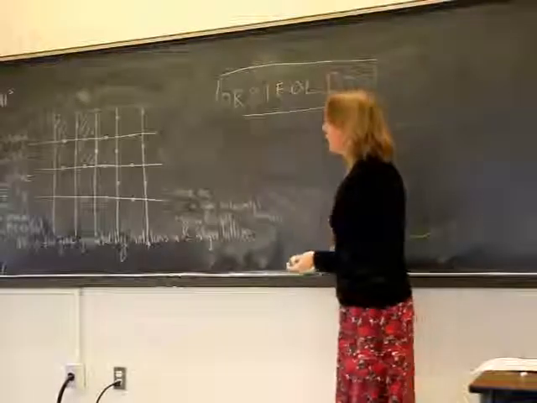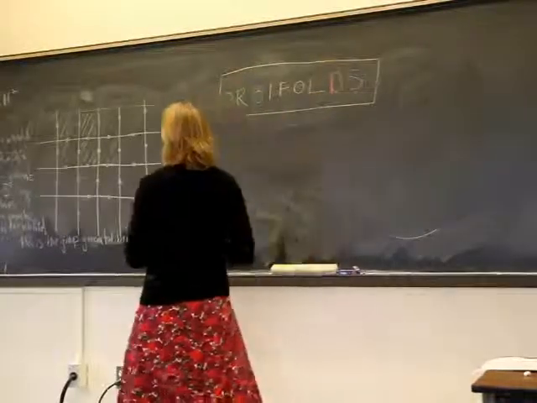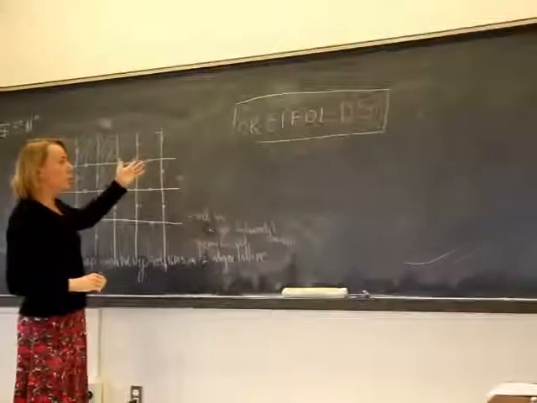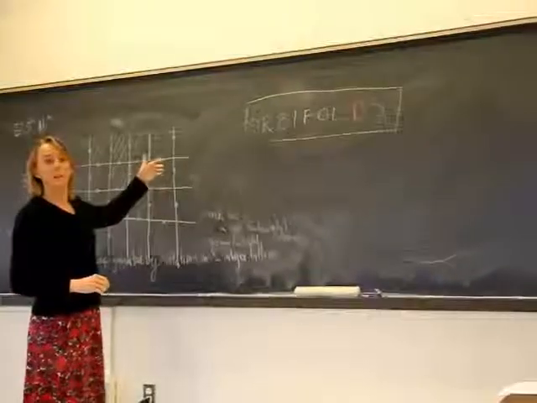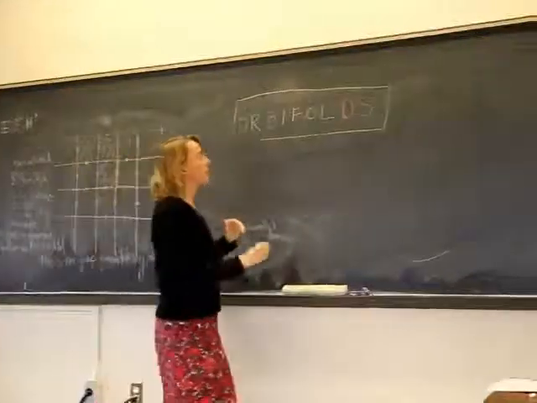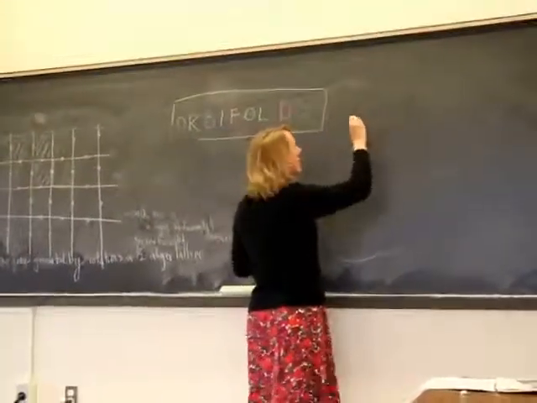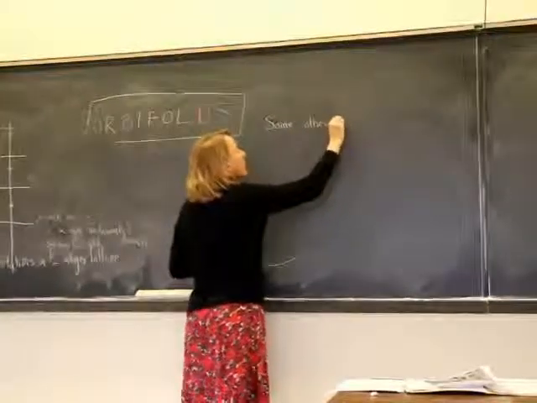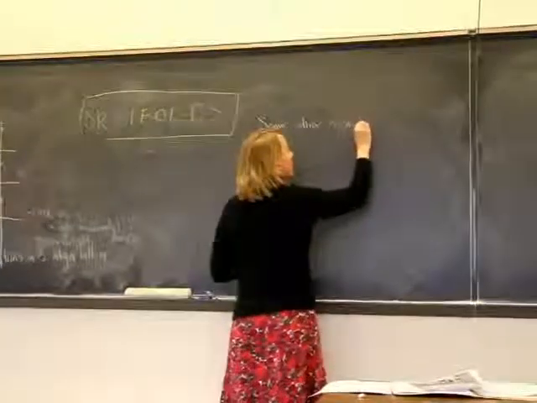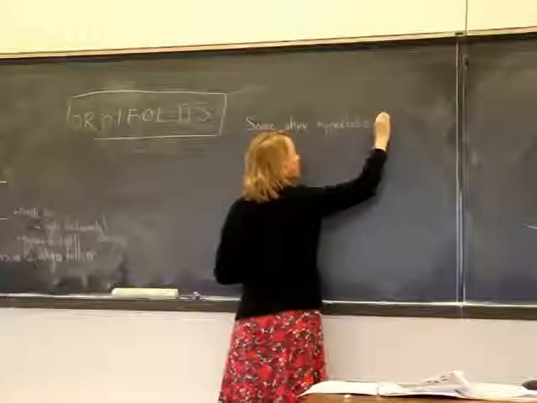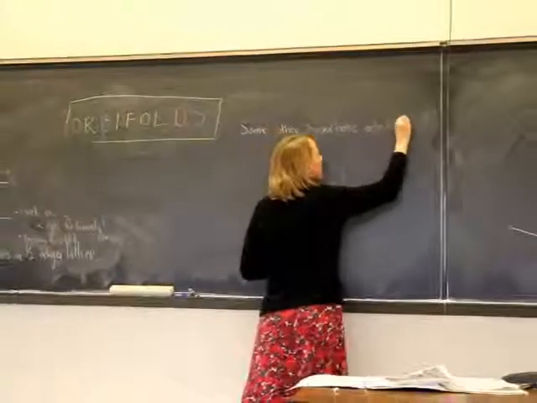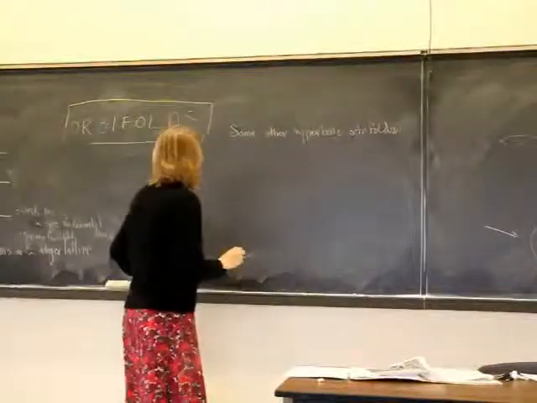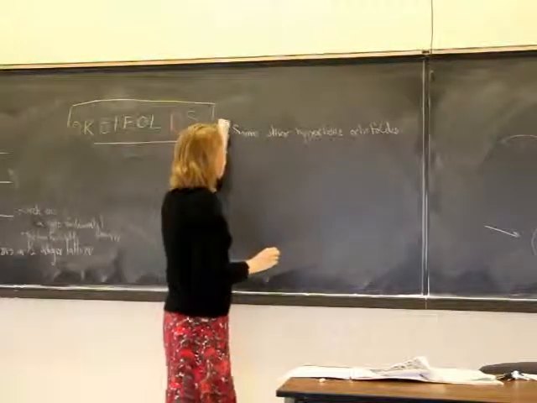It's the same thing in the Euclidean case: there's an index 2 subgroup of this that is Z plus Z. Now, some other hyperbolic orbifolds. Actually, first let me do some other spherical orbifolds.